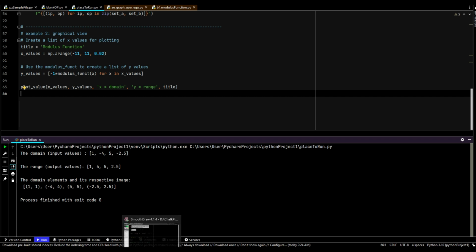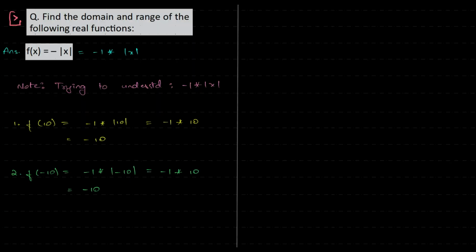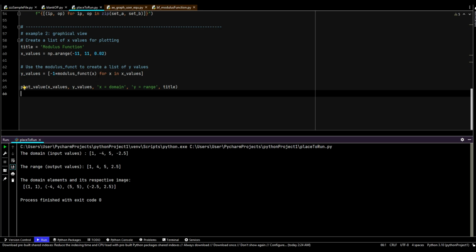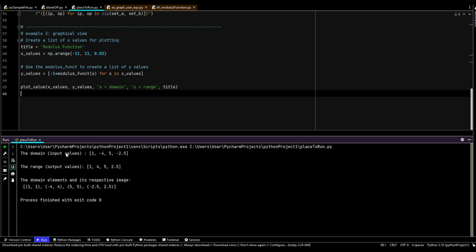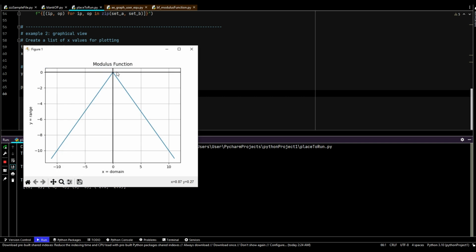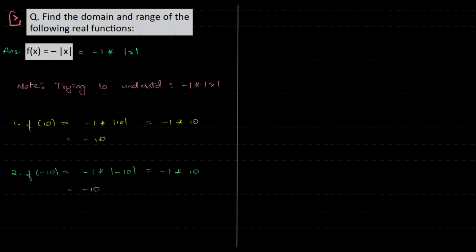And when I execute this, we're looking at negative values. So your range is minus infinity to 0 actually. Technically that would be your range, but as of now, we have not yet proved it.